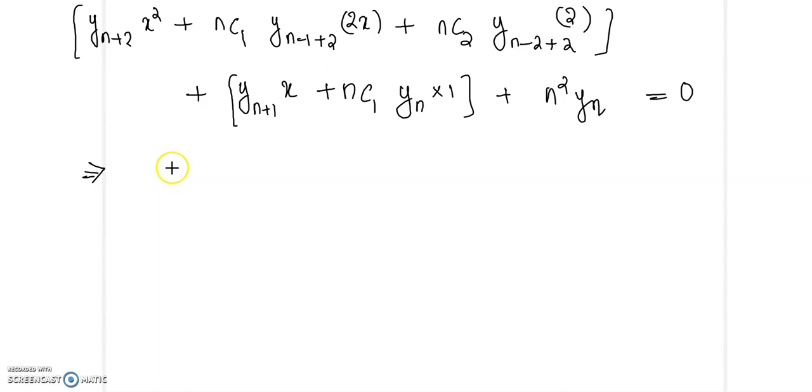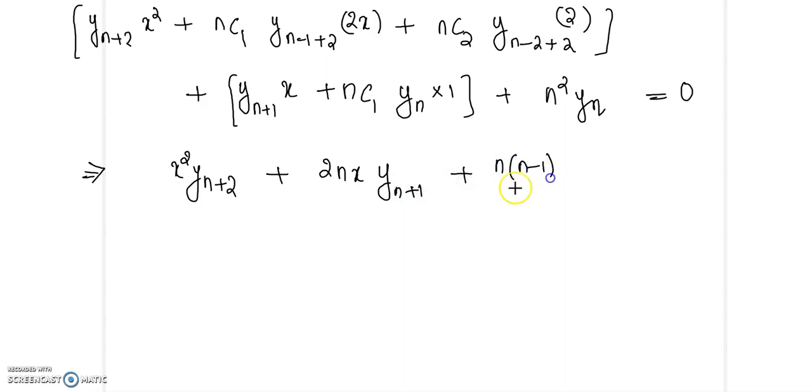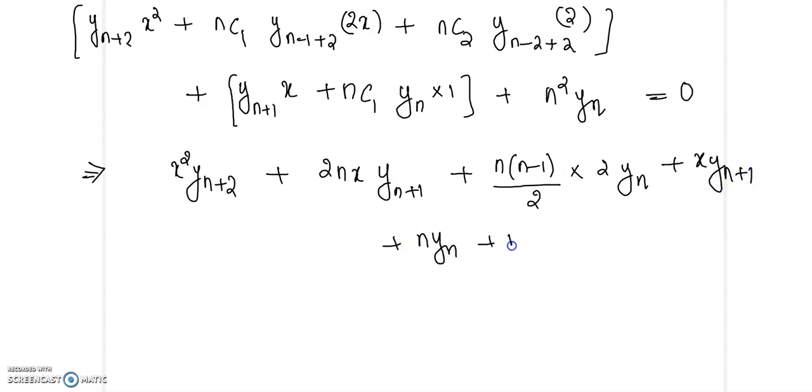So we are going to get x square yn plus 2 plus 2nx, nc1 is n, yn plus 1 plus nc2 is n into n minus 1 by 2 into 2 yn, then x yn plus 1 varum plus n yn plus n square yn equal to 0. So you will get x square yn plus 2. ഇനി yn plus 1 വരുന്ന ടേംസ് ഈ രണ്ട് ടേംസിലും വരും.